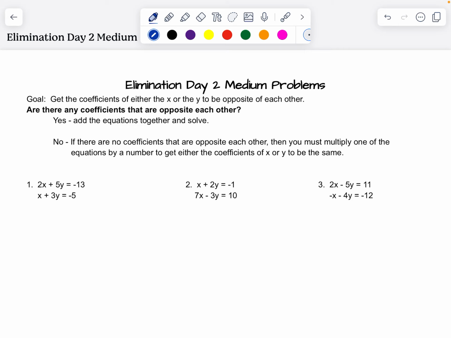We started talking about elimination. Now, these are problems that we actually have to manipulate a little bit. The whole goal is to get the coefficients of either the x or the y to be opposite of each other.